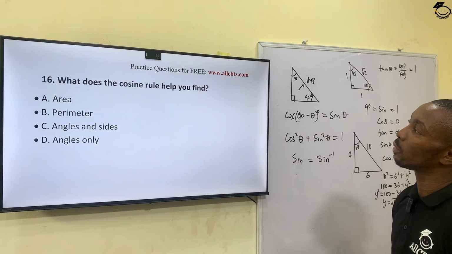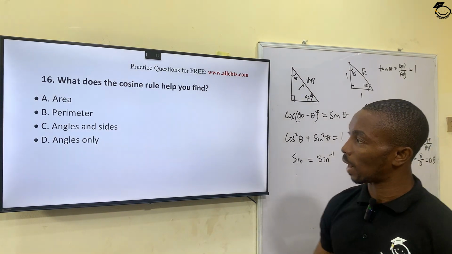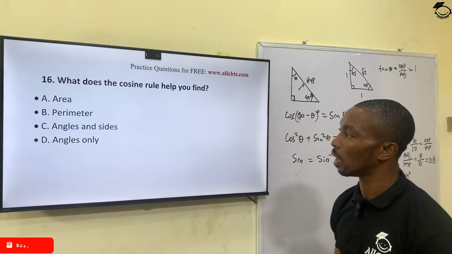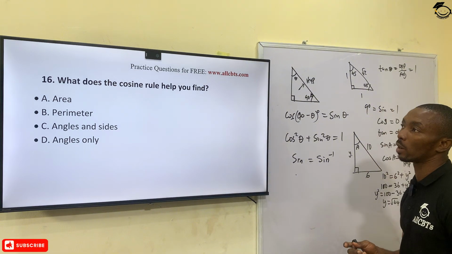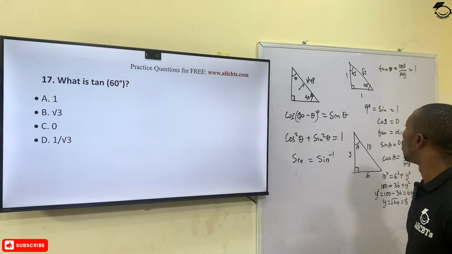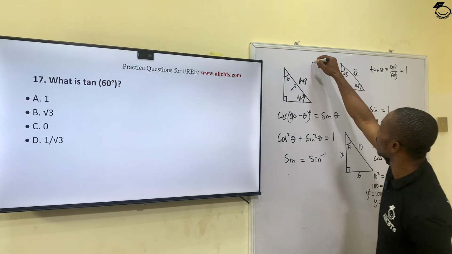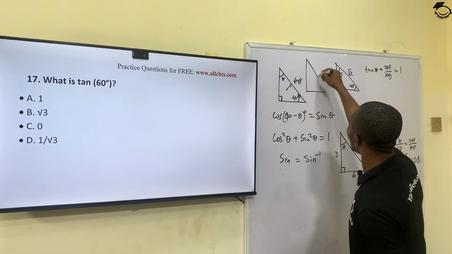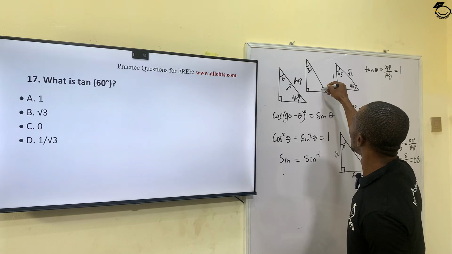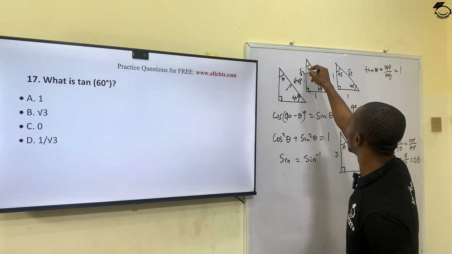What does the cosine rule help us find? The cosine rule helps us to find both angles and sides of an unknown triangle. What is tan 60? All right, tan 60 from a special angle, we have this as 30, 60, 2, 1, root 3.